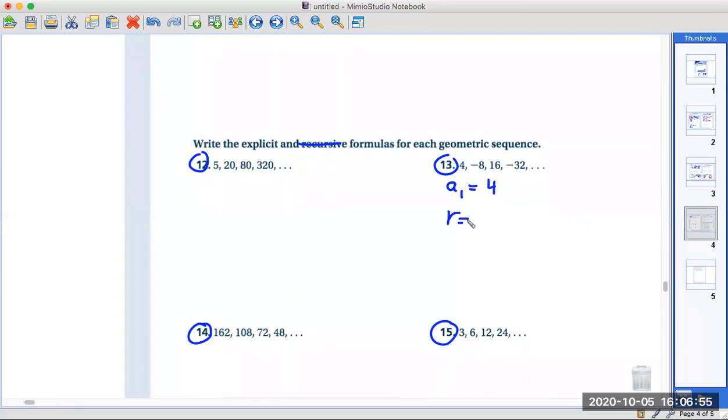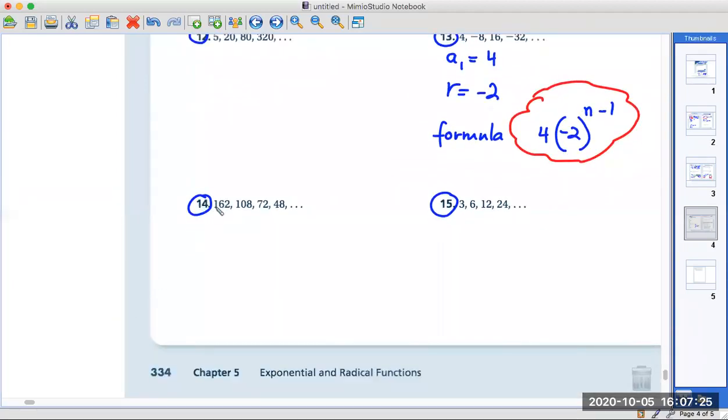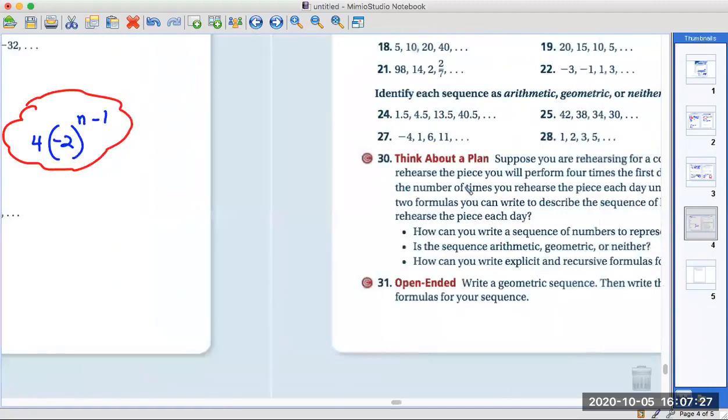The common ratio is going to be negative because it goes back and forth, it's going to be -2. -8 divided by 4 is -2. So the explicit formula is 4 times, open parentheses, common ratio to the power of n-1. Always to the power of n-1. Okay, and then the same for these two, 14, 15.